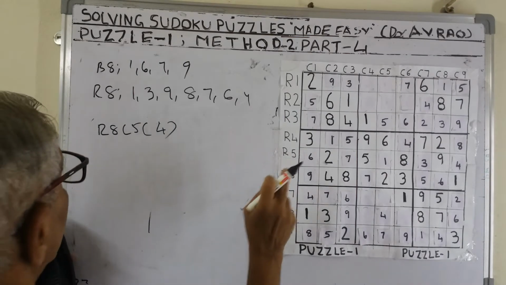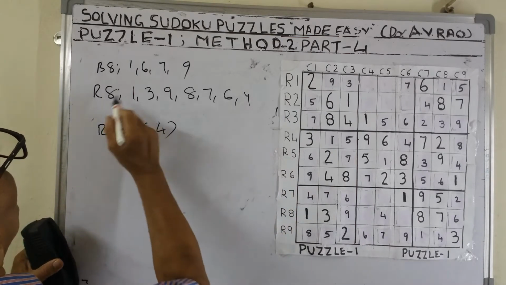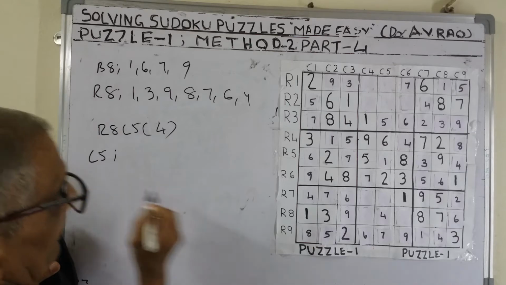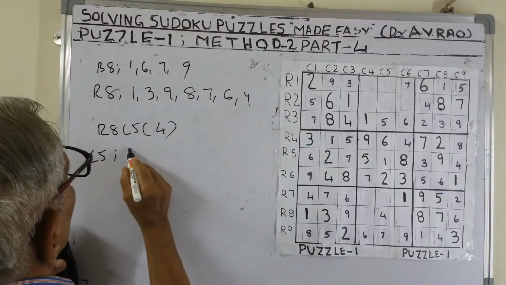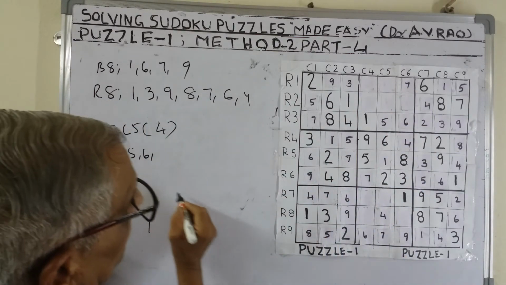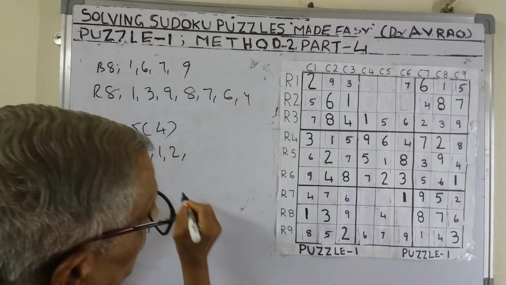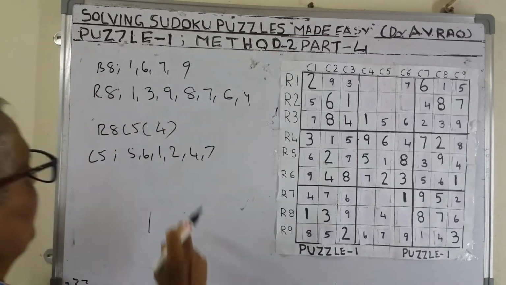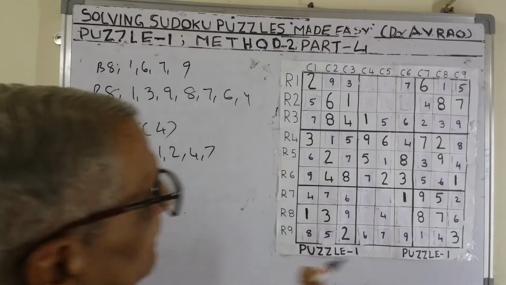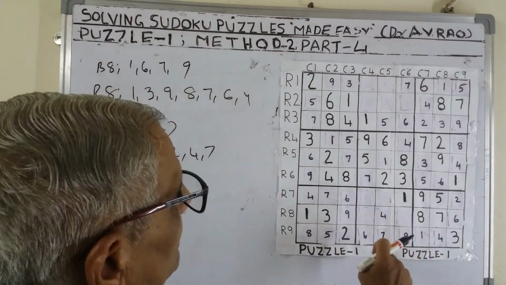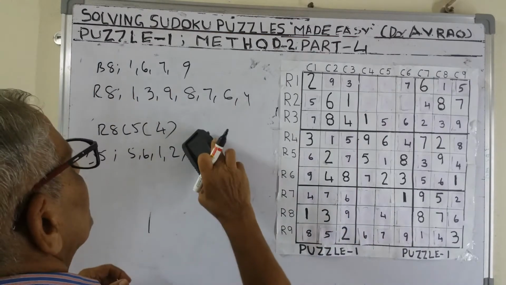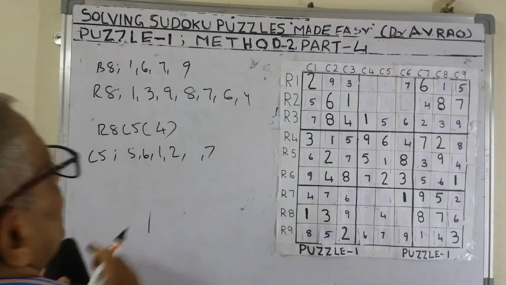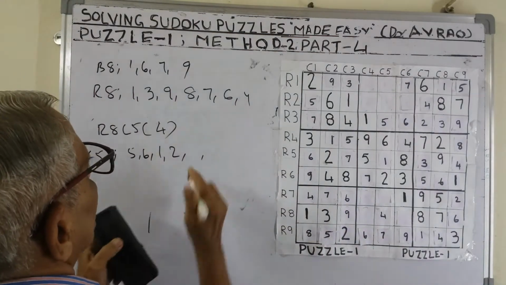Let us see whether the series will be completed or not. C5 is 5, 6, 1, 2, 4 and 7. Oh, 4 we have just now added, so originally it is only 7.